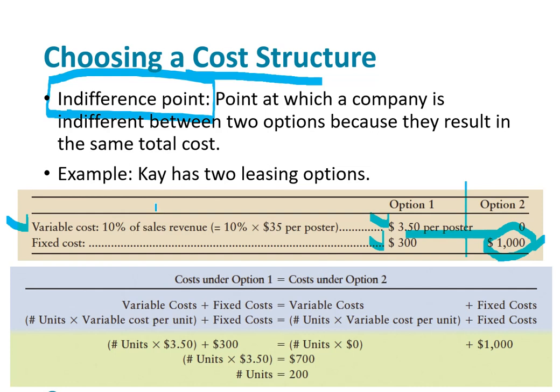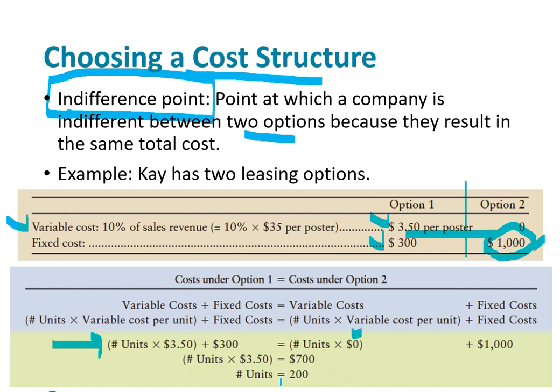So we would have to determine how many units we have to sell where these two options are indifferent. You can see there's a formula, and it basically says this: the number of units times the variable cost per unit plus the fixed cost equals the number of units times 0 variable cost plus the fixed cost.